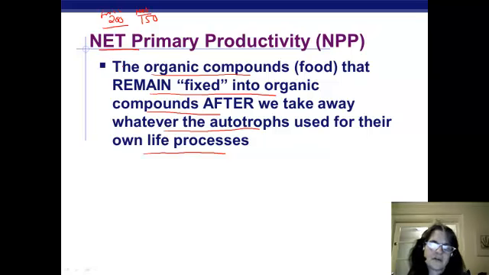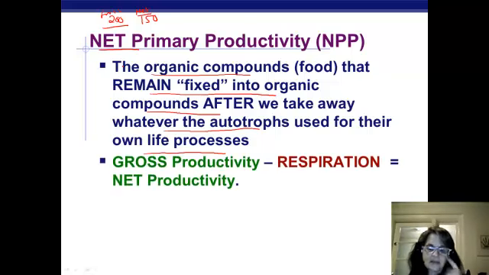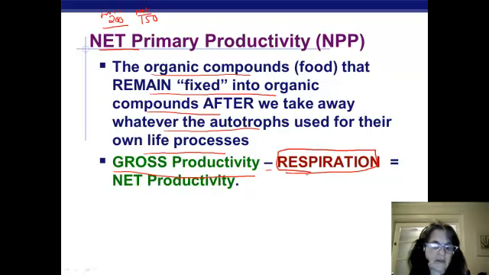Net primary productivity is what is actually available to those consumers above the producers in the food chain, not taking into account whatever the producers actually used for their own purposes, because we really don't care about that, because honestly that's not going to get passed up the food chain. That's been used by those autotrophs. So net primary productivity is the gross productivity that we talked about in the previous slide minus whatever got used in cell respiration by those autotrophs.